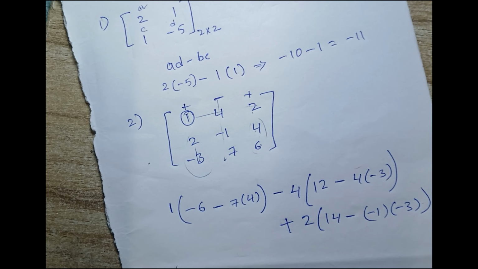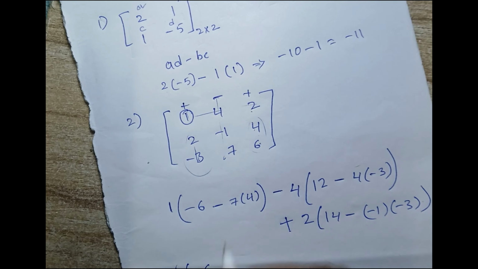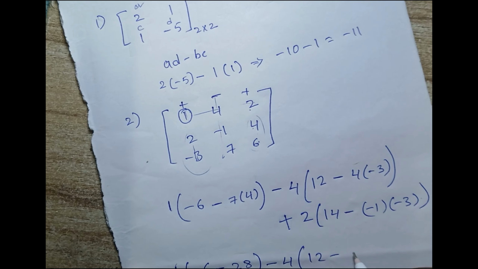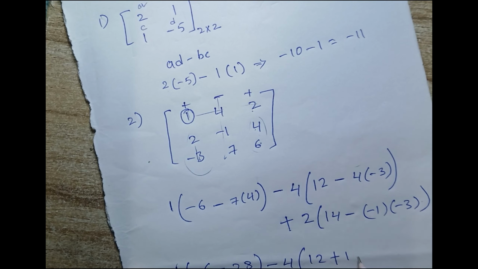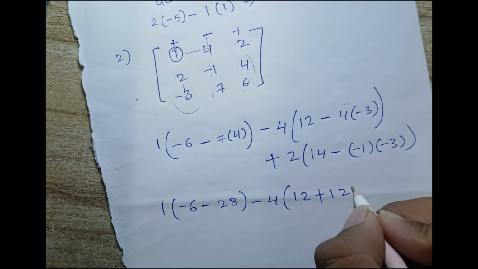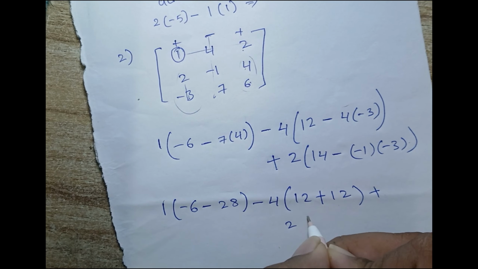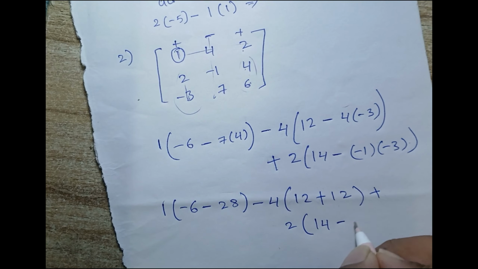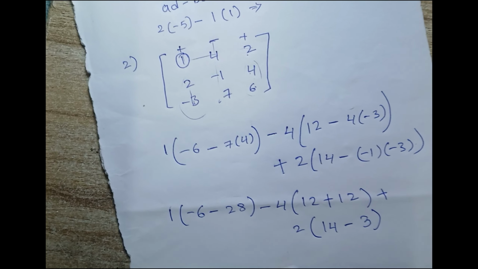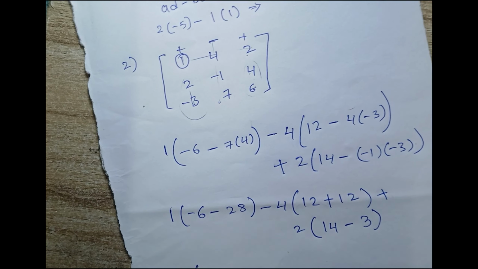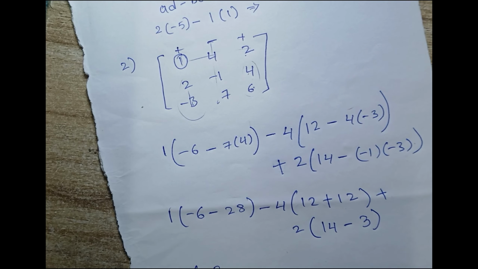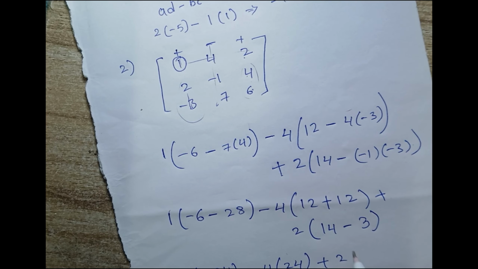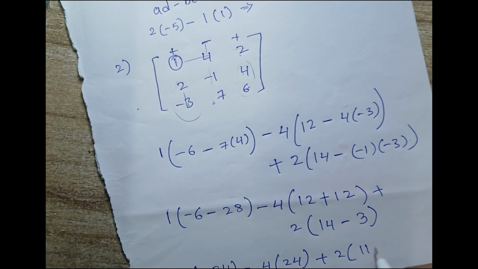Now let us solve this. 1 into minus 6 minus 7 4s are 28, minus 4 into 12 minus 4 3s are 12, minus into minus plus 12, plus 2 into 14 minus 1 into 3, minus into minus plus 14 minus 3. 1 into minus 6 minus 28, that is minus 34, minus 4 into 24, 12 plus 12 is 24, plus 2 into 14 minus 3, that is 11.